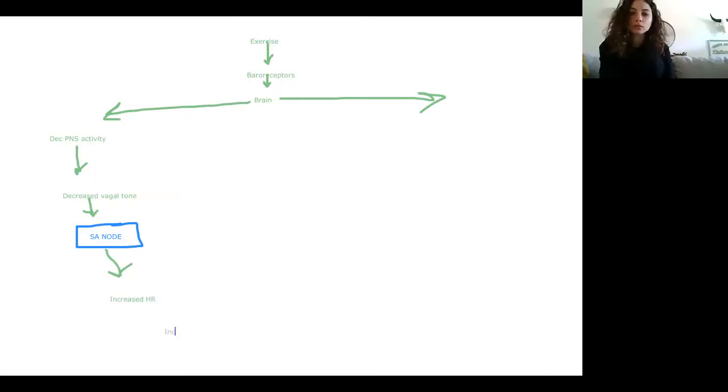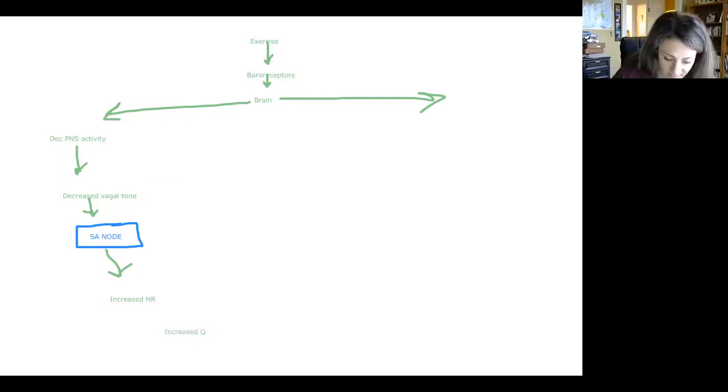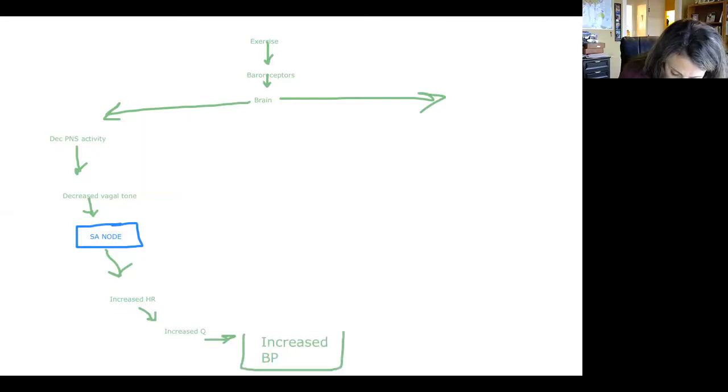Increased cardiac output. I'm abbreviating it. Make sure you know what it stands for. Which will then cause increased blood pressure. Okay, I'm going to box this one because all of the pathways are going to lead to an increase in blood pressure. Okay, so this is the parasympathetic pathway.